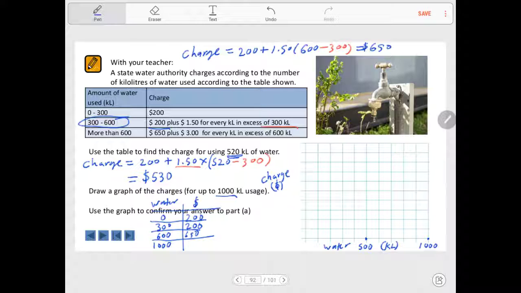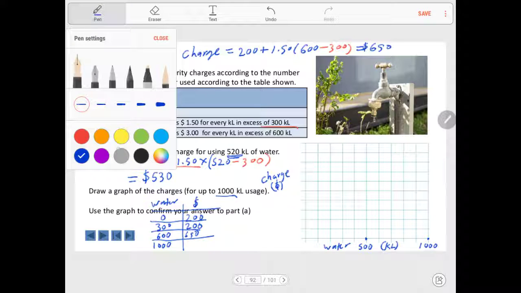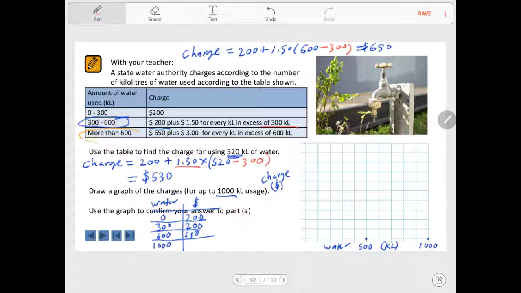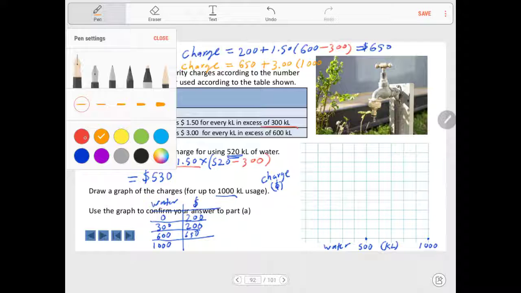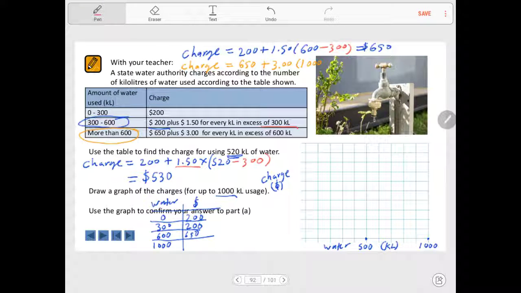Okay, and finally we're going to work out the charge for 1,000 kilolitres. Now that fits into the third row of the table, so I'll change to a different colour pen. Okay, so we're going to be using this sentence to figure out the charge. 650 plus, now it's $3 per kilolitre. We're using 1,000 kilolitres, but same as before, it's in excess of 600, so we need to subtract the bottom end of that interval.